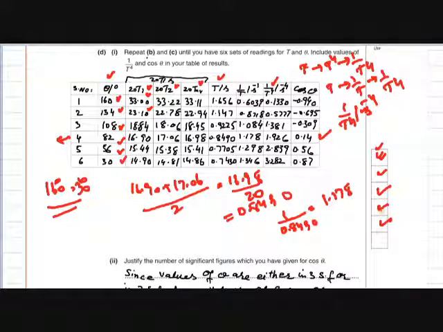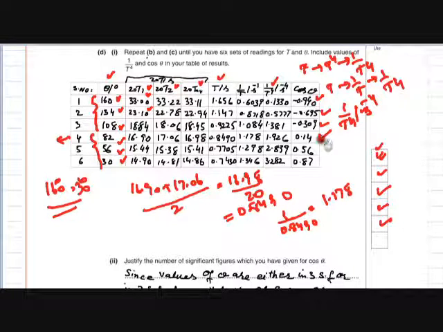Now significant figures: you can see these values of theta are in 3 significant figures, so this value must be in 3 significant figures. This cos theta is also 3, but this one is in 2 significant figures, so this will also be in 2 significant figures.